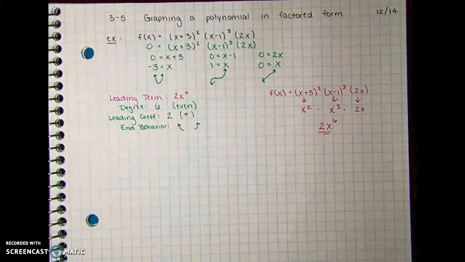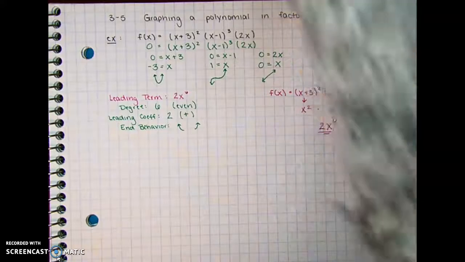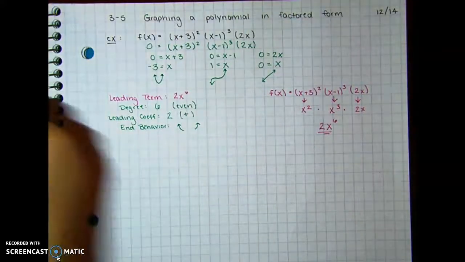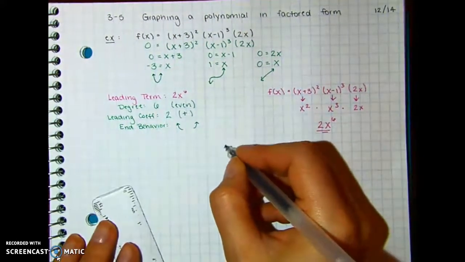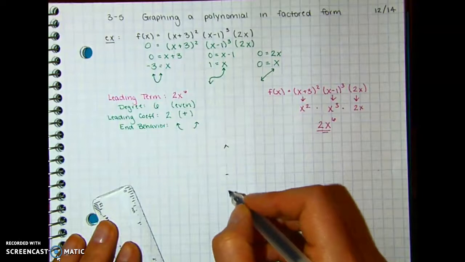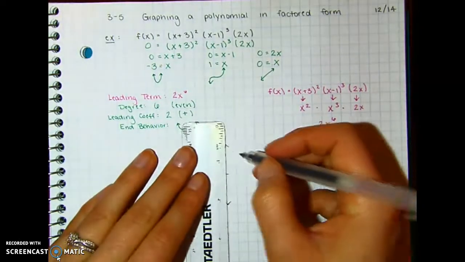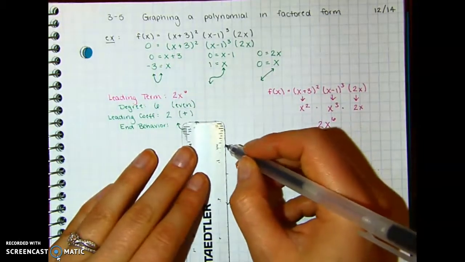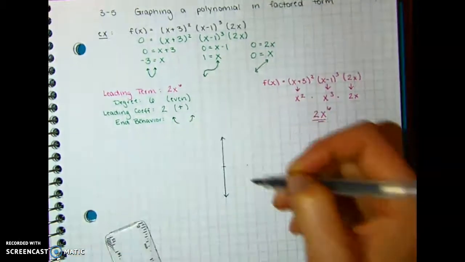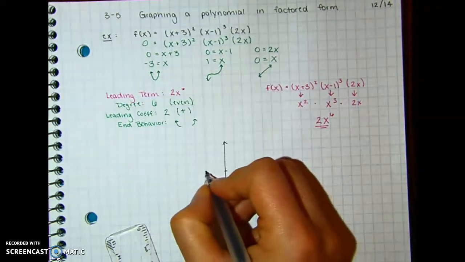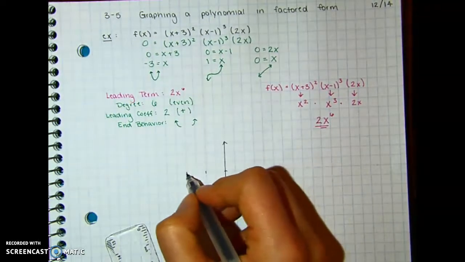So now I'm going to put all of this together, and I am going to graph. So remember, your y-axis doesn't matter because we don't have enough information to know the height of the y values, but the x values matter. I'm going to make my scale be half.